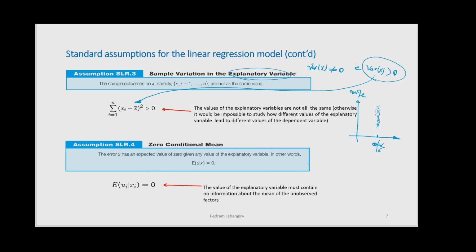Now if I use OLS, here's a very good exercise for you. If I use OLS, which one is the right answer? Line number 1, line number 2, line number 3. For all of them, the ordinary least squares is going to be the same, right?